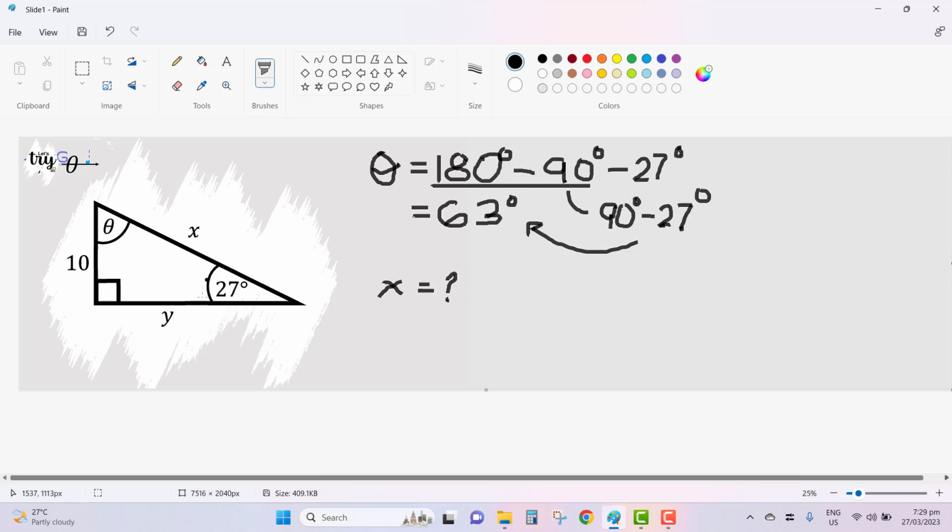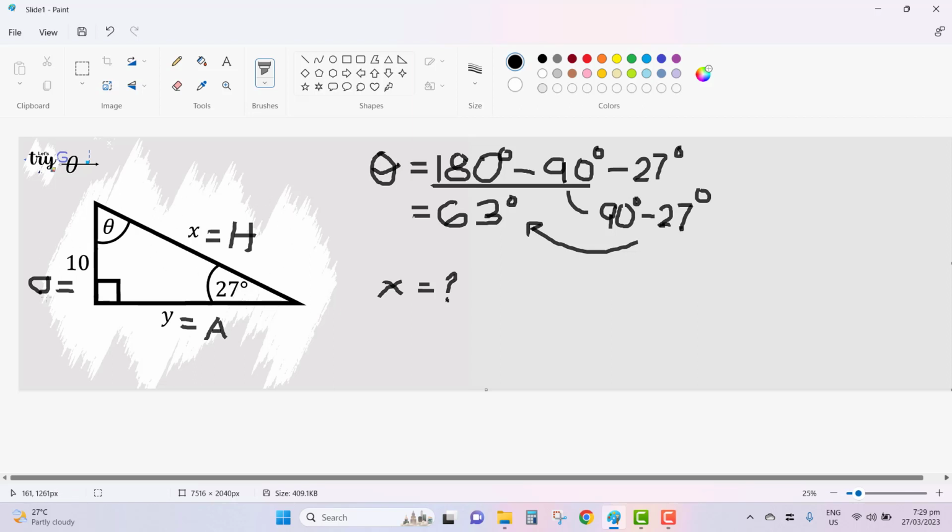In terms of this reference angle, 10 is what we know as the opposite side. X is always your hypotenuse, and the remaining side is your adjacent. In determining which trigonometric function to be used, again, we refer to what is given and what is the side that you are solving.